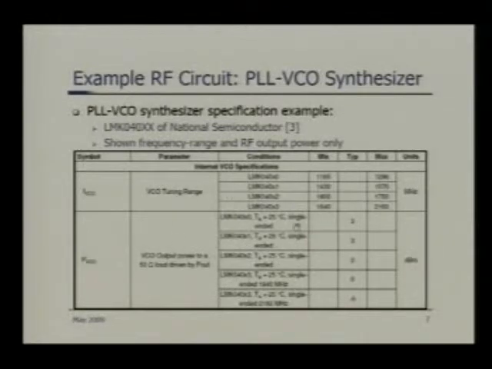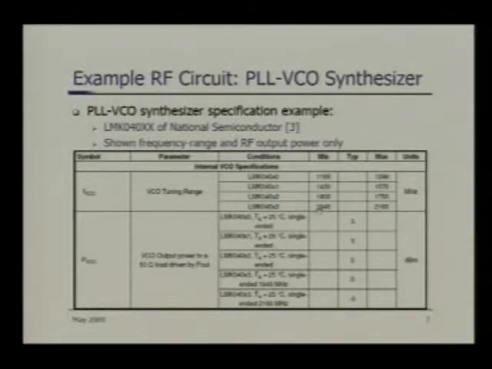You see that it is a family of devices, and the specification varies. For example, the LMX 40X3 covers 1840 megahertz to 2160 megahertz, so it goes all the way up to 2.16 gigahertz. The corresponding RF power specification varies from 0 dBm to -5 dBm.